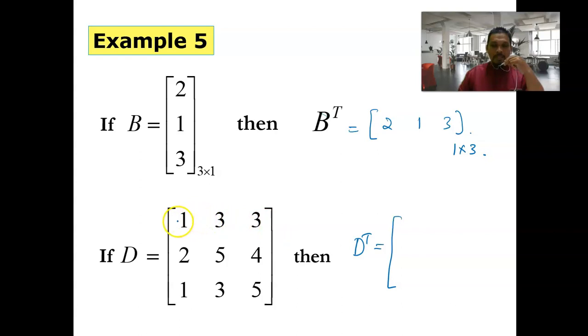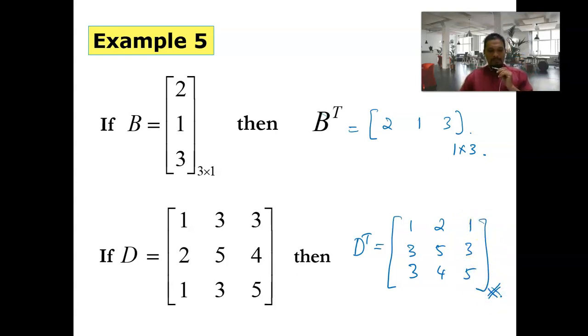So this is row number 1, it becomes column number 1: 1, 3, 3. Row number 2 becomes column 2: 2, 5, 4. And row number 3, 1, 3, 5, becomes column 3, which is 1, 3, 5. That's it.